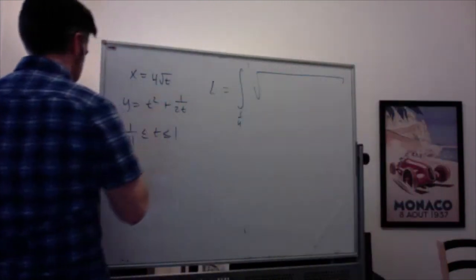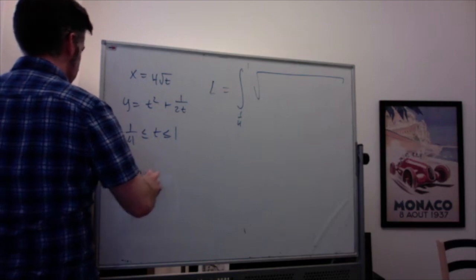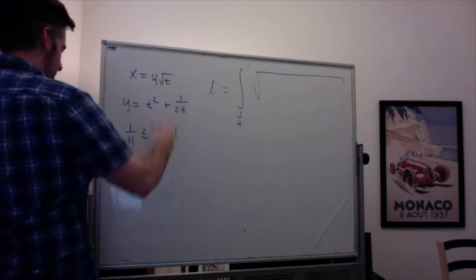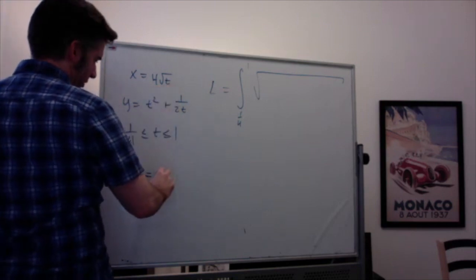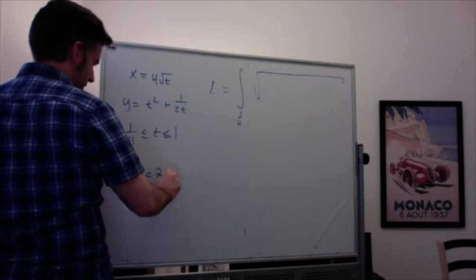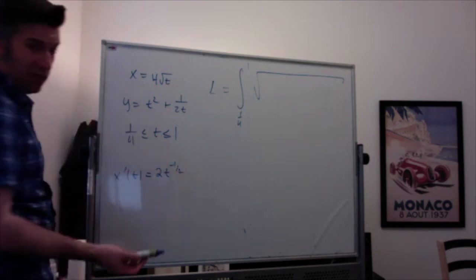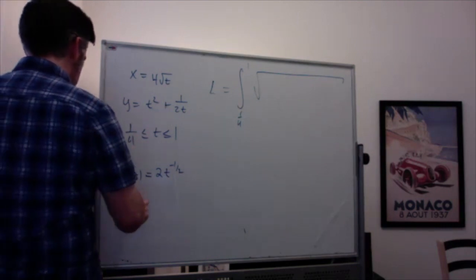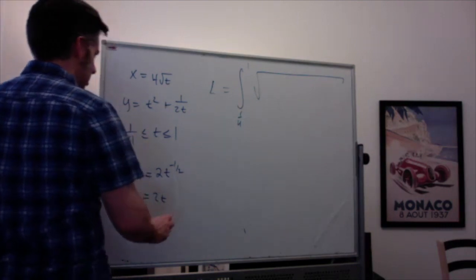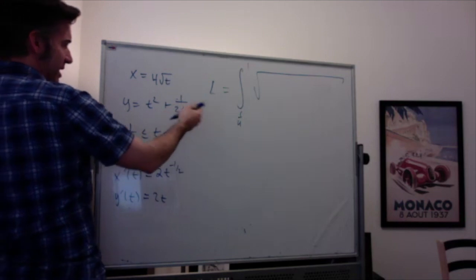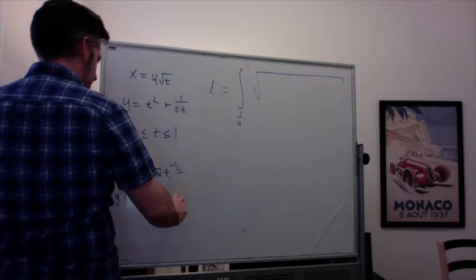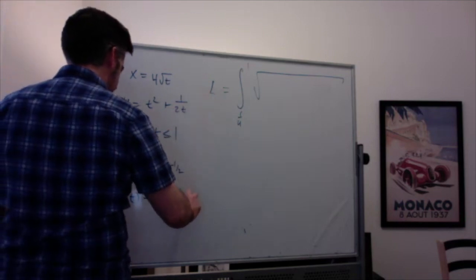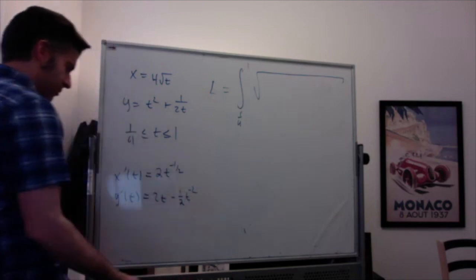The derivative of x is going to be 4 times 1/2 t to the negative 1/2, or 2 times t to the negative 1/2. And the derivative of y is going to be 2t, and this is 1/2 t to the negative first, so its derivative is minus 1/2 t to the negative second.